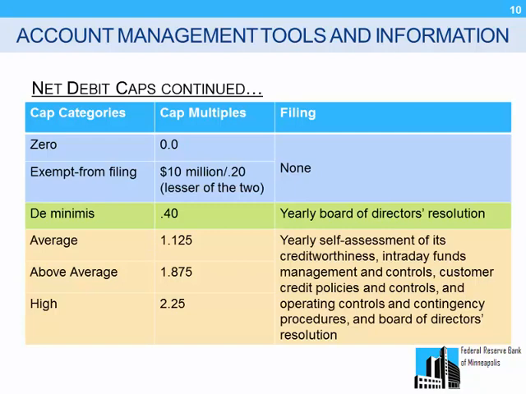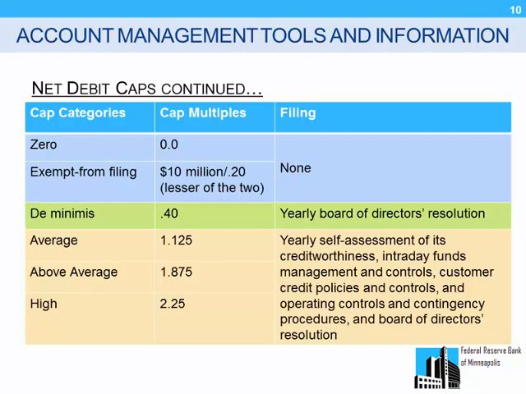The next cap, the de minimis cap, does require an institution to submit a yearly resolution from its board of directors, and that will allow it to incur daylight overdraft up to 40% of its risk-based capital.